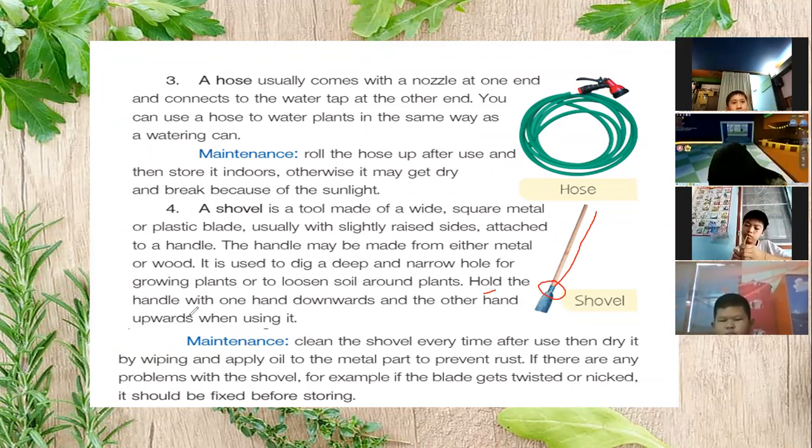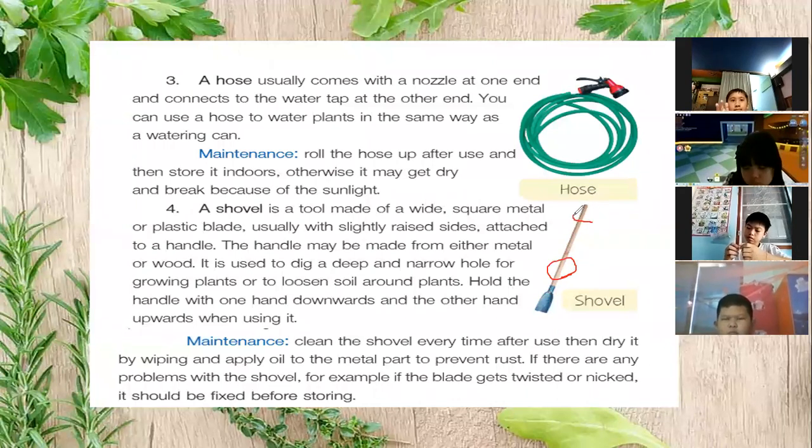We have to hold it with one hand downward and the other hand upward. If you would like to dig, one hand will be right here, we hold it, and the other hand upward here. This is how we hold it. And then we dig the soil so we can grow the plants.